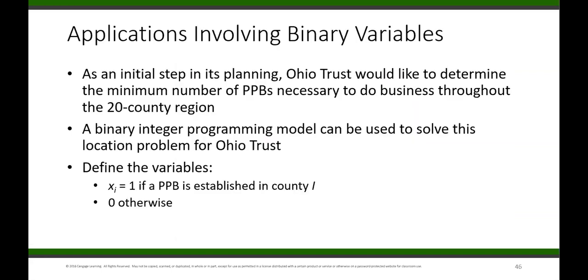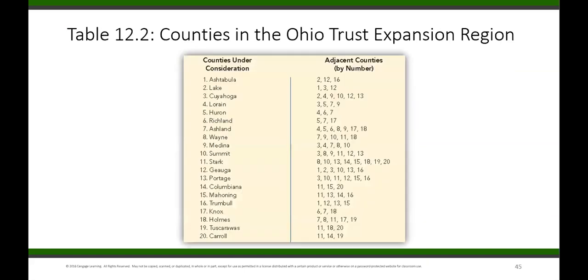If you get the logic, we need to make 20 decisions. Ohio Trust Company needs to decide whether or not to open a new PPB at county number 1, county number 2, all the way to county number 20.